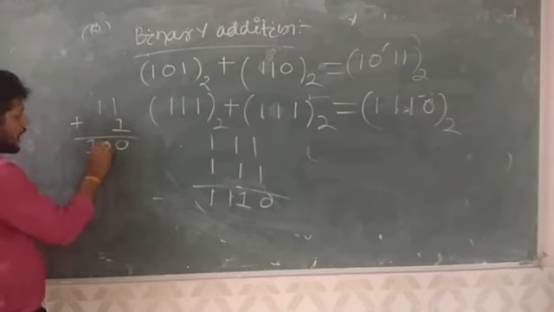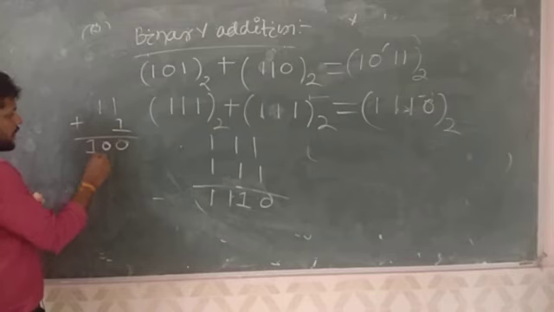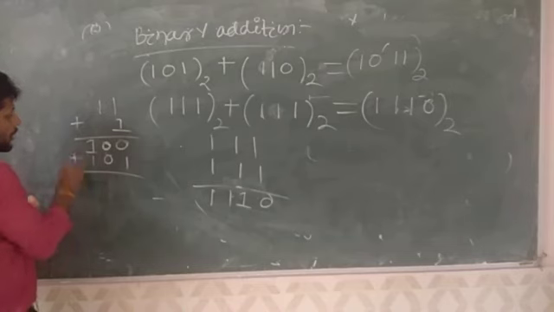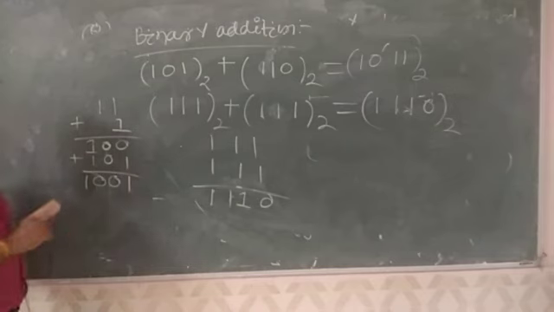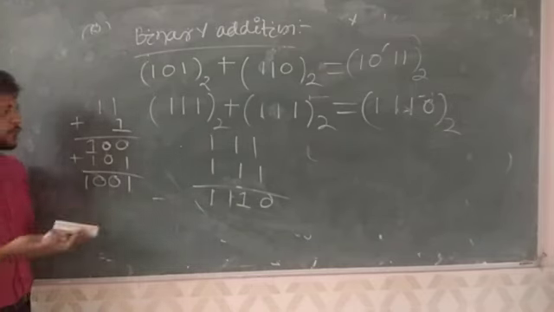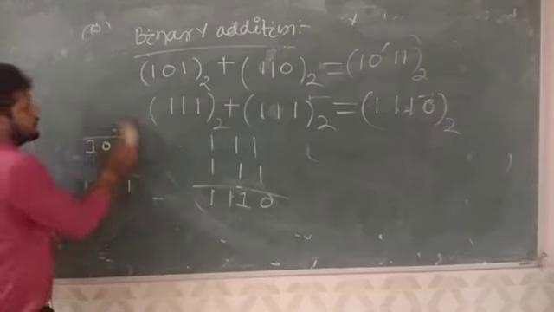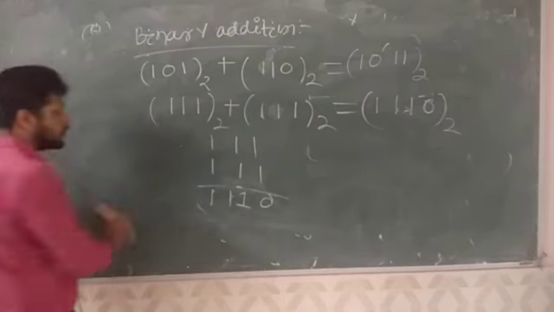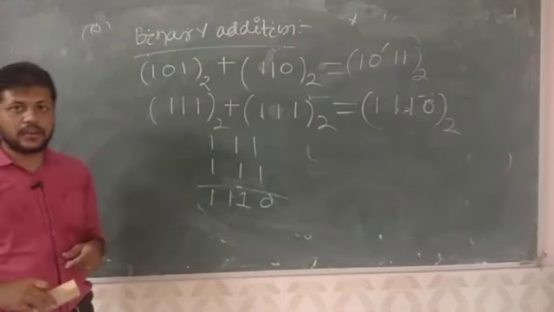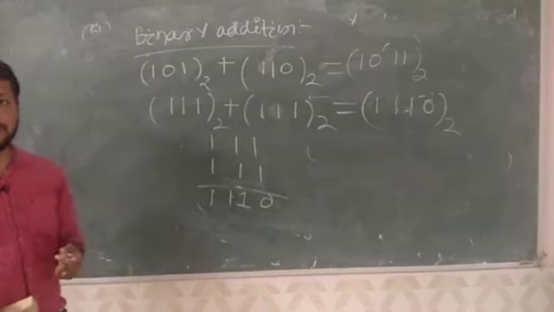Then again if I add 100 with 101, 0 plus 1 is 1, 0 plus 0 is 0, 1 plus 1 is again 10. So this is the way to add two binary numbers. Remember 1 plus 1 is 10, 10 plus 1 is 11, 11 plus 1 is 100.